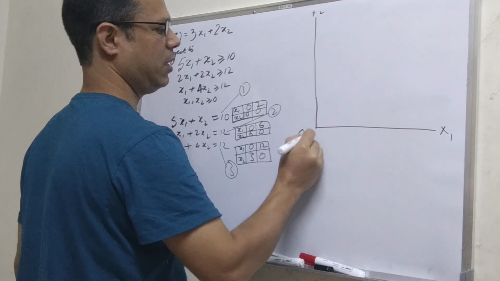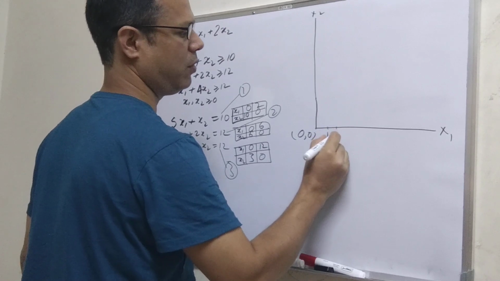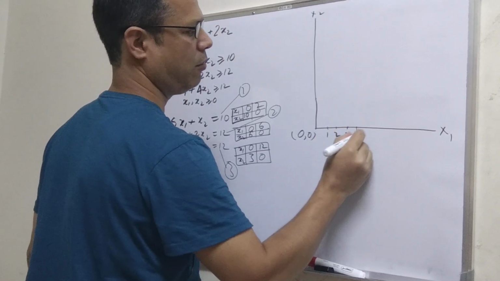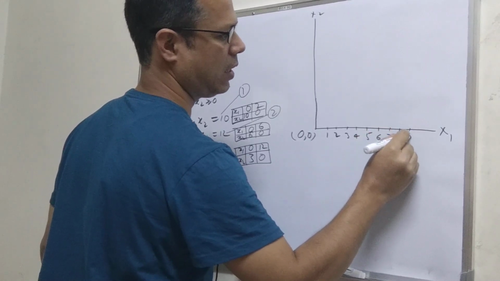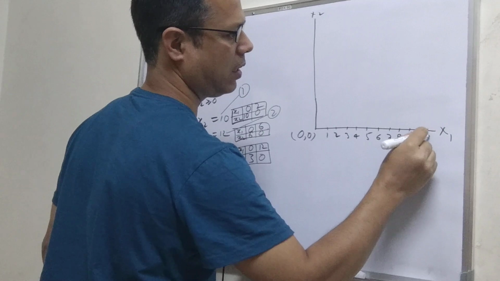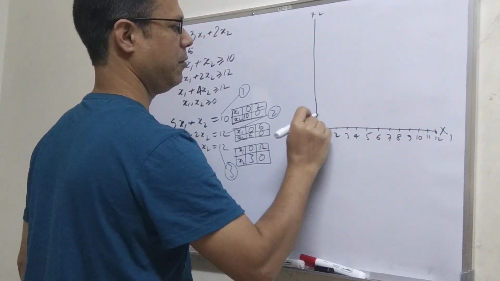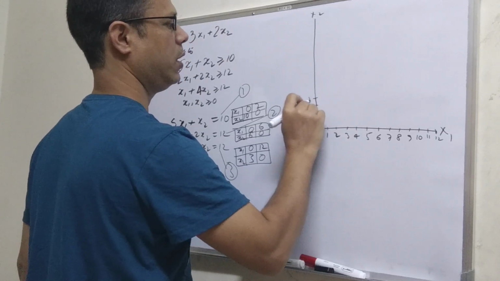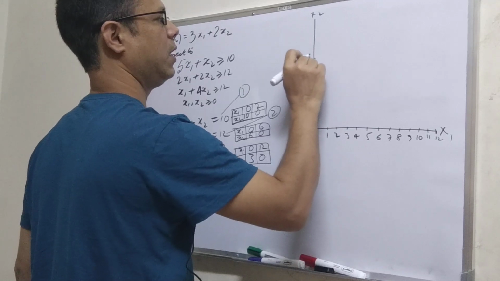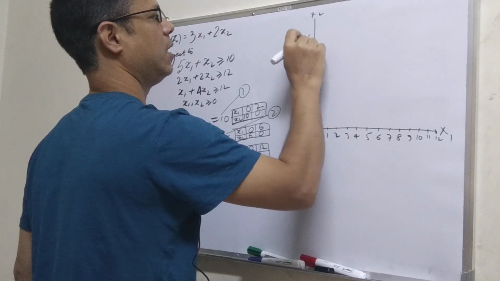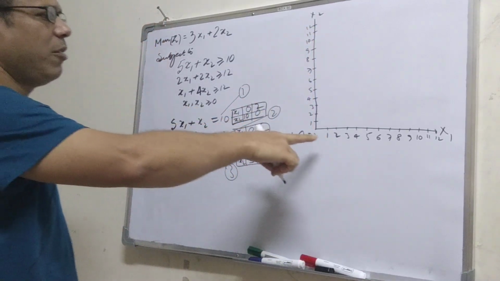This is the origin, 0 and 0, and we are going to take some equal divisions: 1, 2, 3, 4, 5, 6, 7, 8, 9, 10, 11, 12. We have taken 12 divisions, marked 1, 2, 3 in this respect.